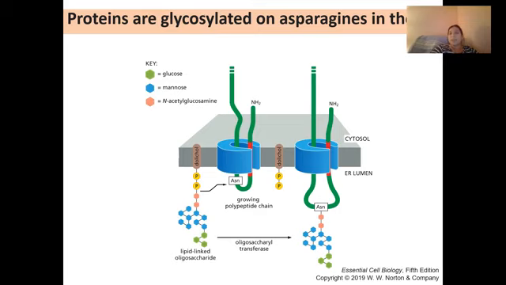Many proteins that are glycosylated are actually part of the plasma membrane, where these glycosylations stick out towards the outside, because that's one of the ways that cells interact with their environment. They receive signals from other cells, they attach to the extracellular matrix, and they are recognized by other cells around them as well.